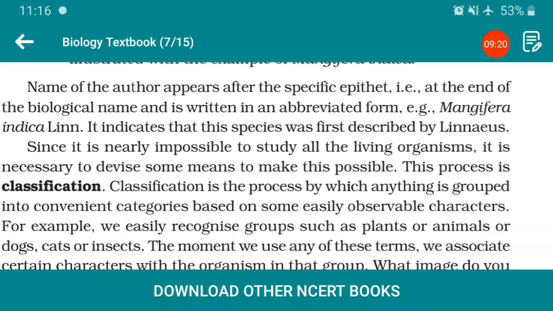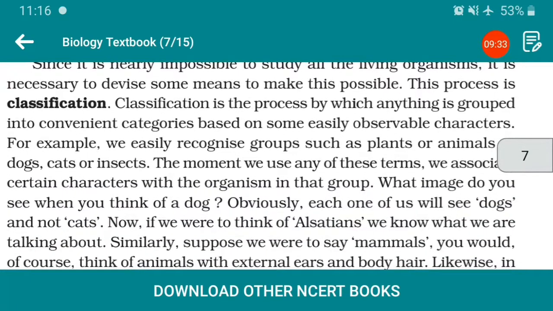So classification is a process by which anything is grouped into convenient categories based on easily observable characters. For example, we easily recognize groups such as plants or animals, or dogs, cats or insects, because they are already classified.